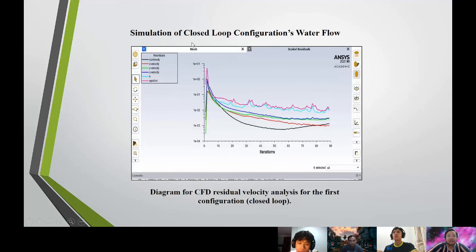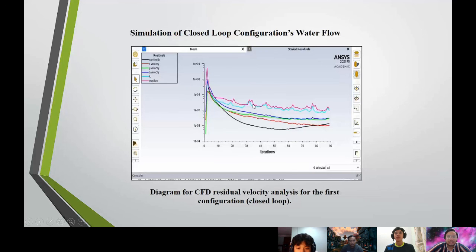Okay, now we take a look at the closed loop configuration. We can see that as it starts, the pressure is high, and then it drops dramatically until the end. For x and y velocity, the pattern is about the same, and z velocity is also the same.